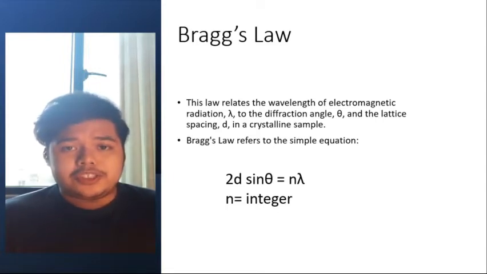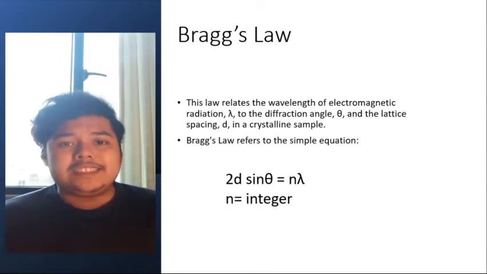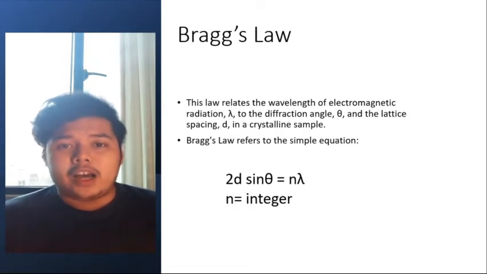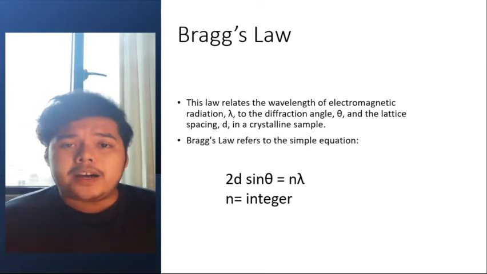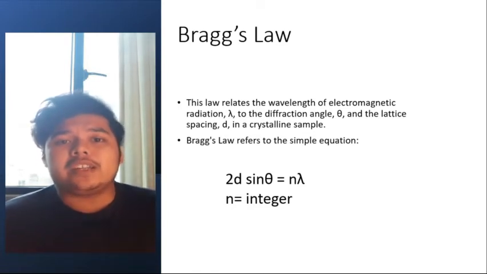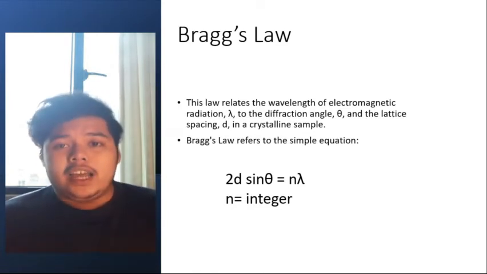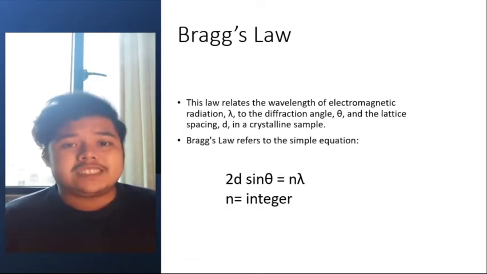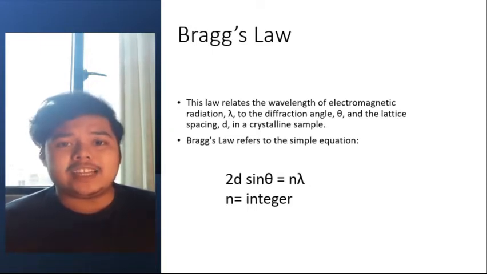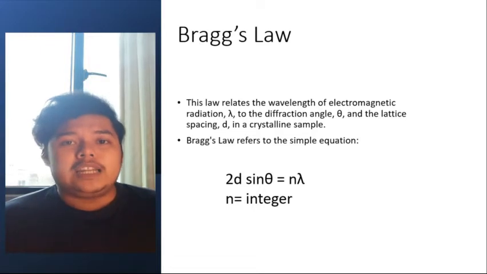Bragg's law refers to the simple equation 2d sin theta equals n lambda, where n is referred to as an integer. The path difference between the ray reflected at the atom X and the ray reflected at atom Y can be seen to be 2yx. From trigonometry, we can express this distance xy in terms of the lattice distance and X-ray incident angle.